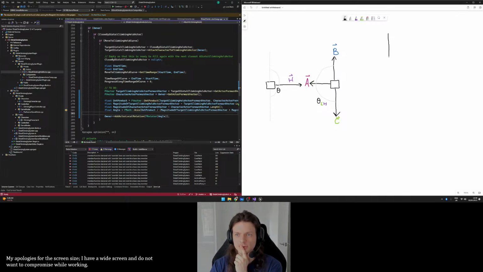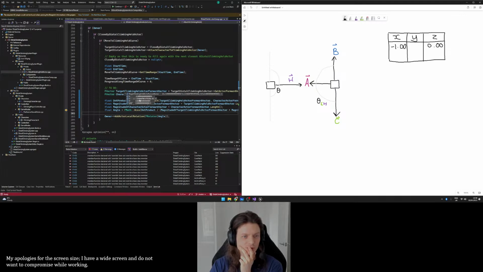Let's put a little table here. And z was 0. And then y was 1.22.